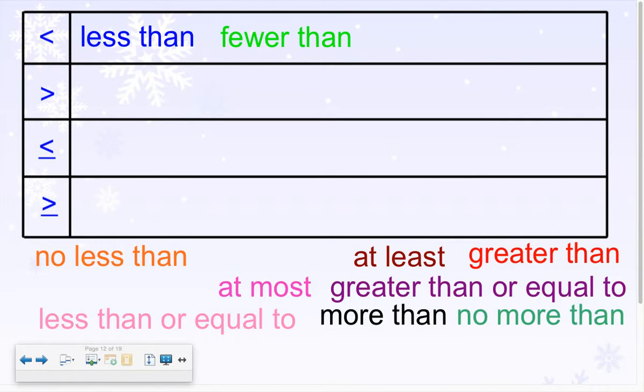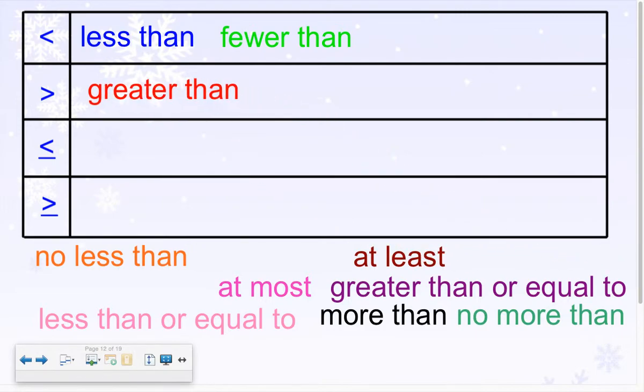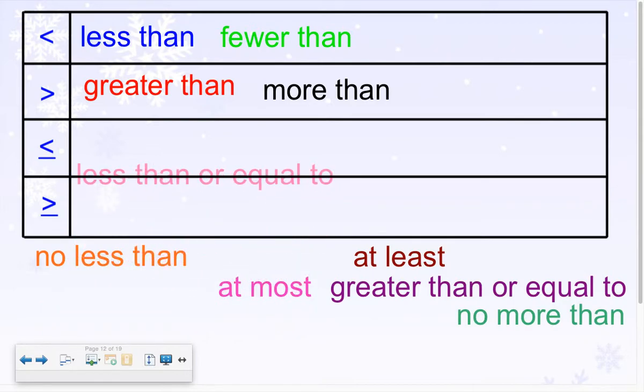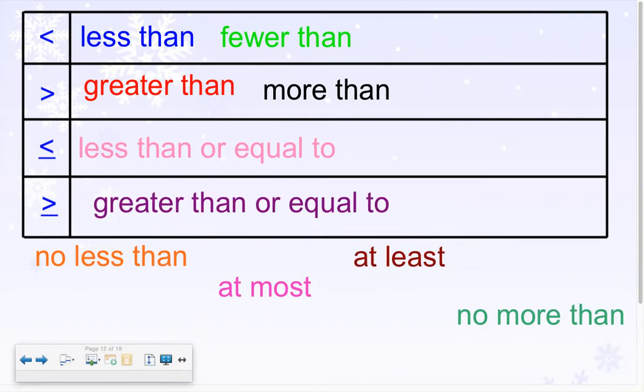Then our second inequality is greater than, and another one that is the same as greater than is more than. So if you see the words greater than or more than in a word problem, you need to use the greater than symbol. Then we have less than or equal to and greater than or equal to.